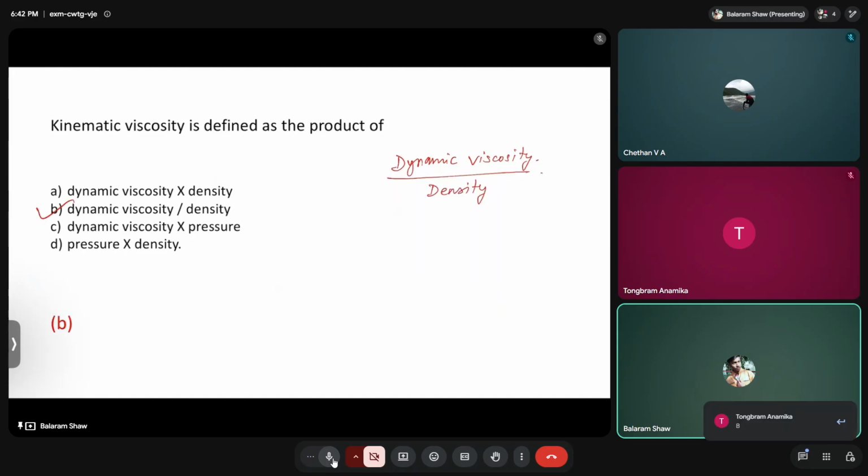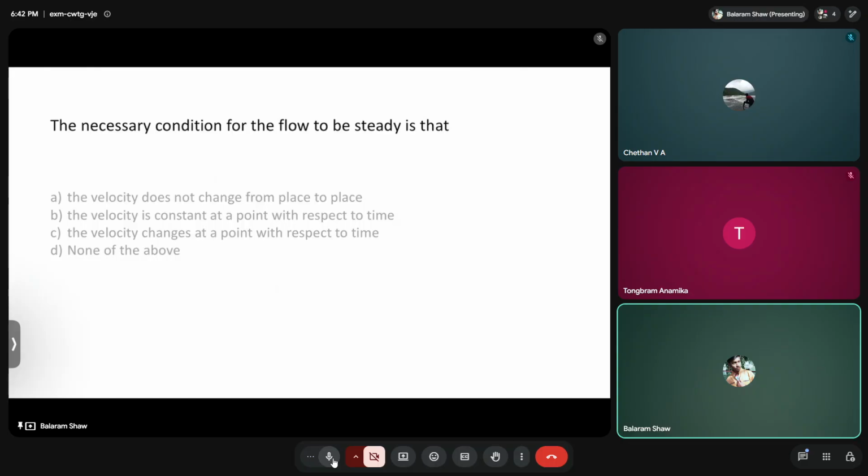Okay. So the next question is: the necessary condition for the flow to be steady is that. So just now we have understood all these things. What is a steady flow? Steady flow is the flow in which the characteristics, for example velocity, pressure, temperature, etc., will be... I'll give you time to answer, then I'll answer.